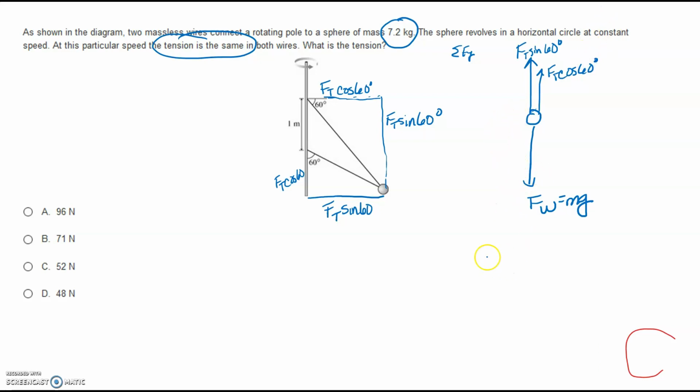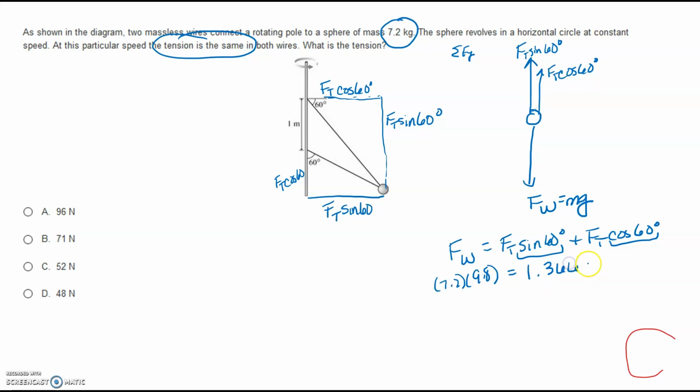So I said, all right, my force of weight is going to be equal to ft sine 60 degrees plus ft cosine 60 degrees. So this is 7.2 times 9.8. And what I did was I took the sine and I took the cosine and I added them. So I have this much force tension. And then I solved for force tension is equal to 51.65 newtons, which is C.